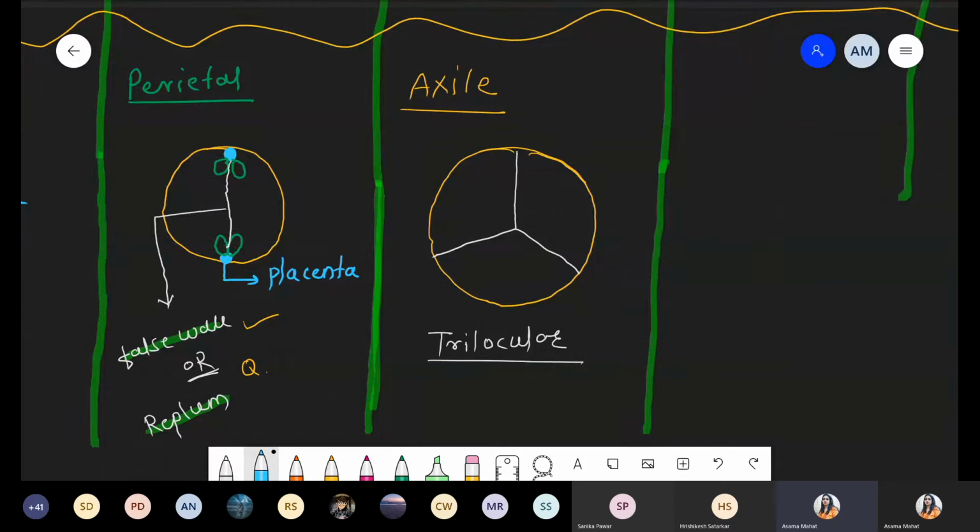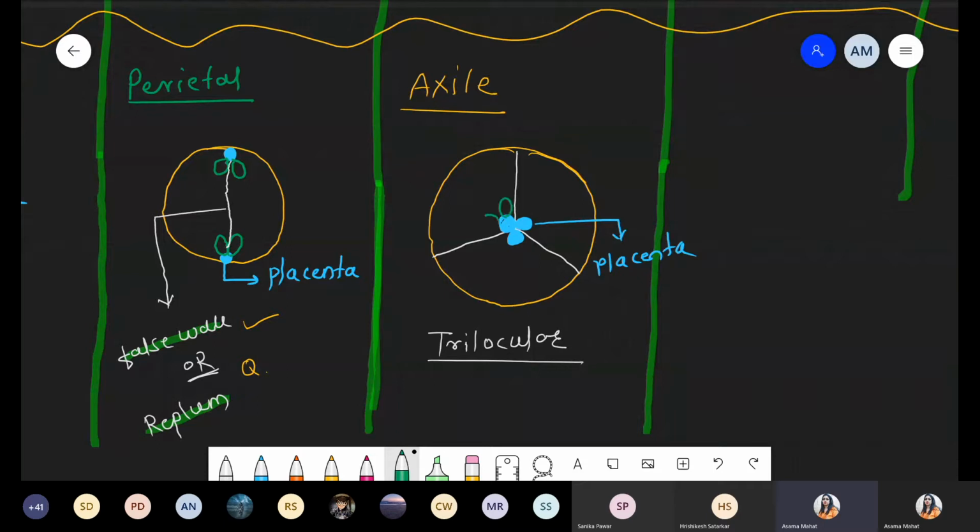Now at this point there is a presence of placenta. For the placenta, I'm using the same sky blue color. It represents the placenta, and on the placenta is the arrangement of ovules.